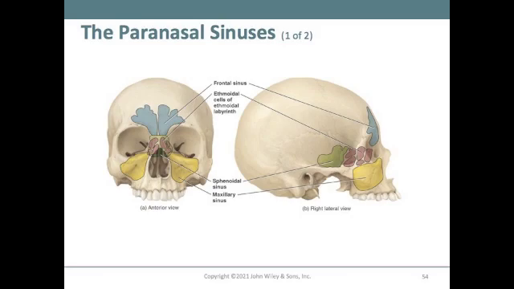The frontal sinus, notice it's in blue. Remember the frontal bone was in blue on our previous diagrams, so that's associated with the frontal bone. It's an easy way to remember things like that. I'm not saying that's 100% of the time, but many times if you're talking about the maxillary sinus, it's a good way to remember that it's associated with your maxillary bone.